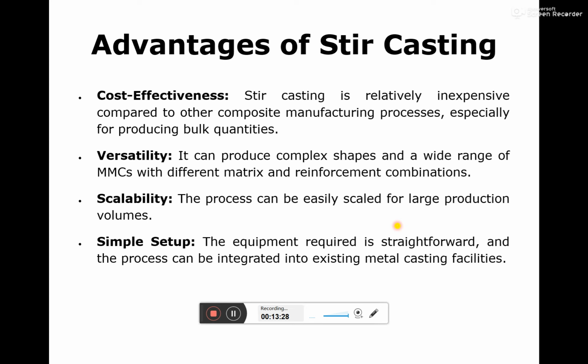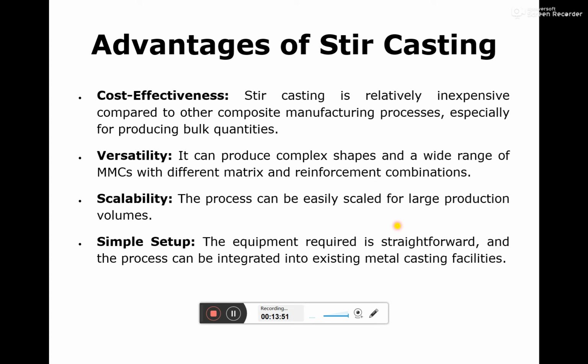Based on what type of furnace you are using and what temperature ranges we can operate, we can select different varieties of matrix materials, and I can mix different reinforcement combinations also, based on the requirement.